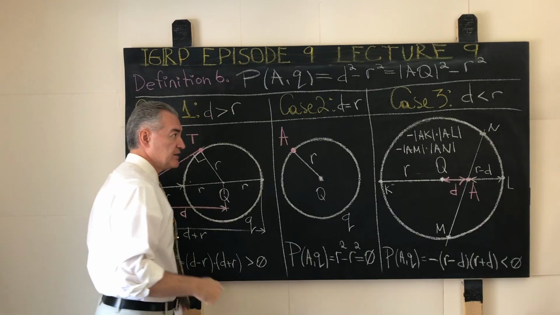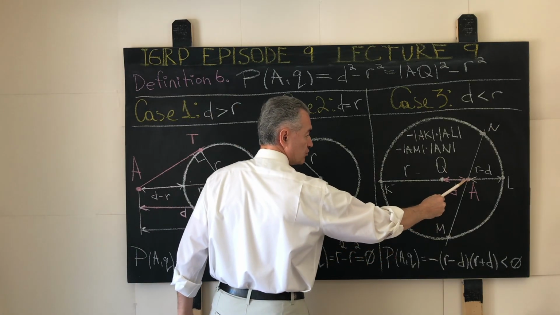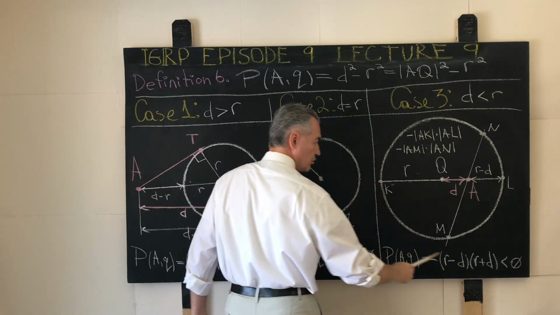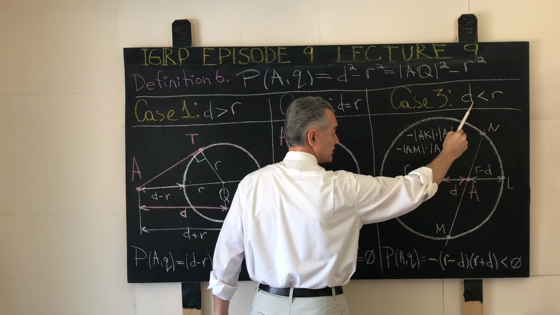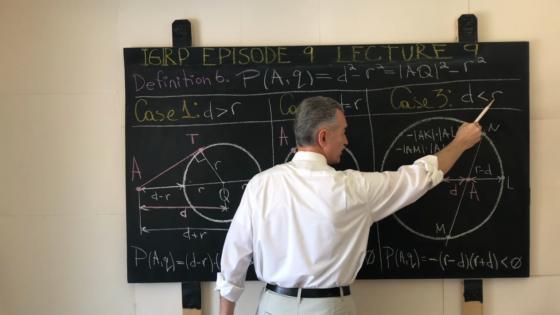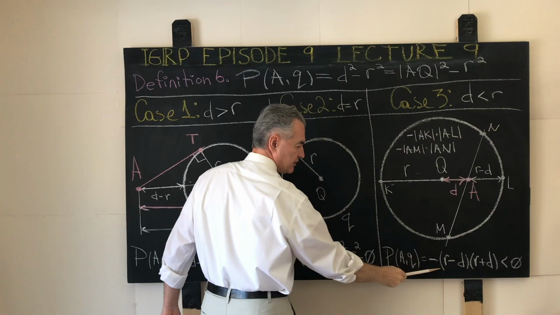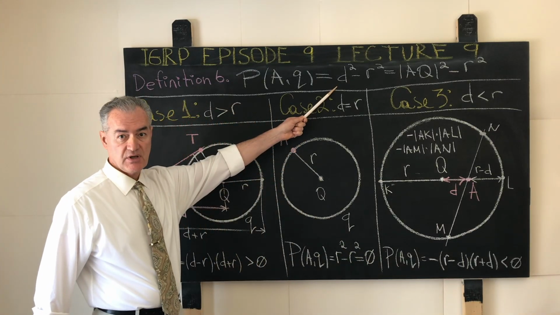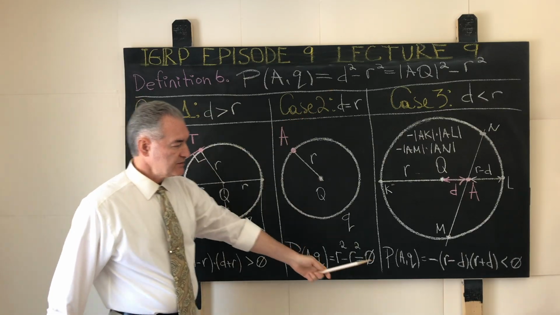And in the third case, when our point of interest is located strictly inside of the circle of interest, then the distance from that point to the center of that circle will be strictly less than the radius r. Here we will rewrite our algebraic definition as follows.